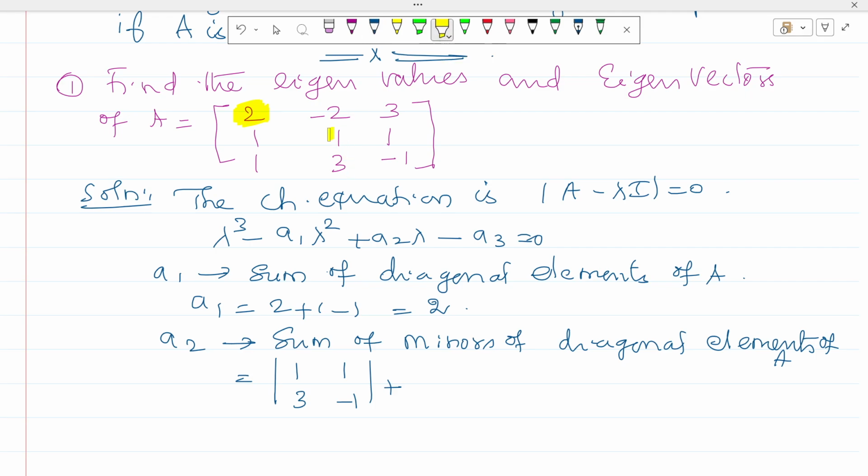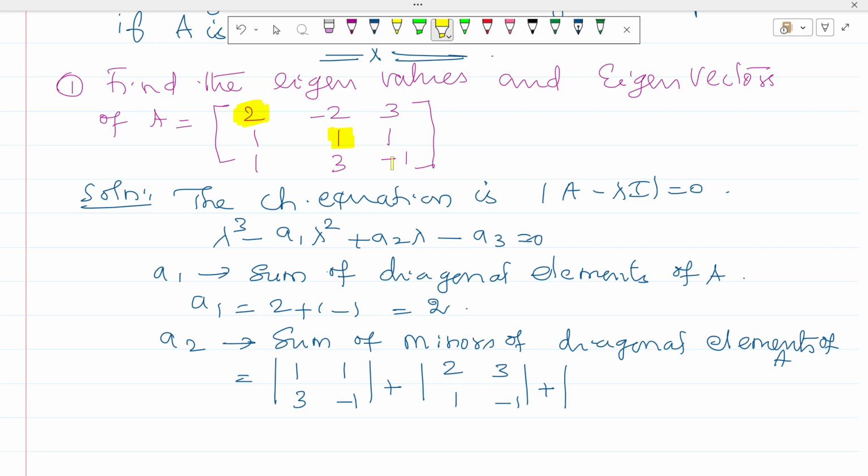The second diagonal element is 1, so leave that respective row and column. The remaining is |2 3; 1 -1|.